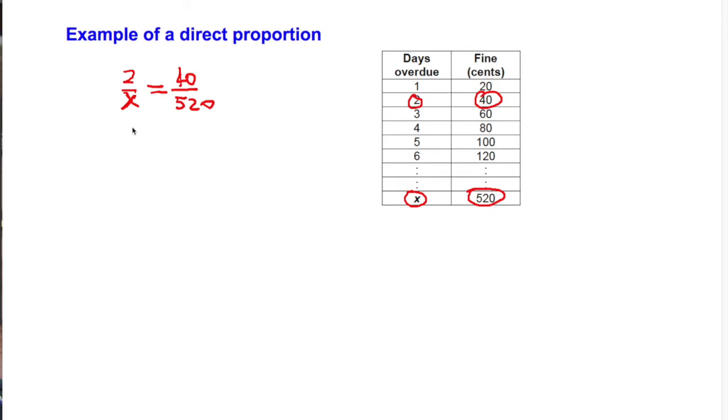We cross multiply to get 40x equals 1040, and x is 26 days.